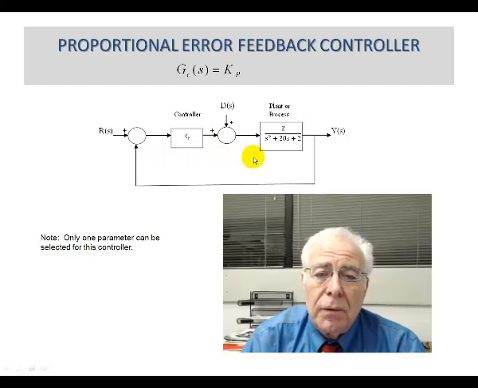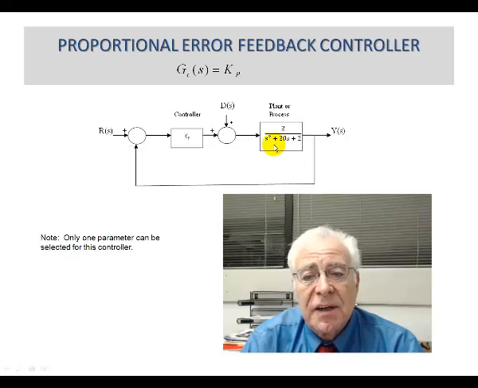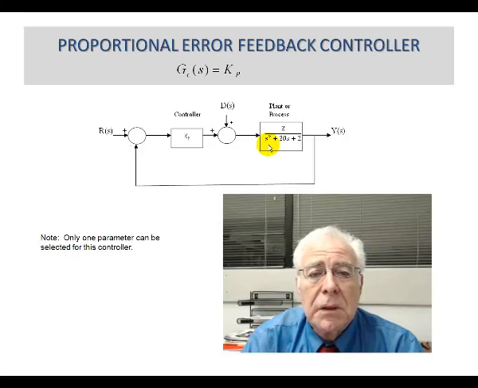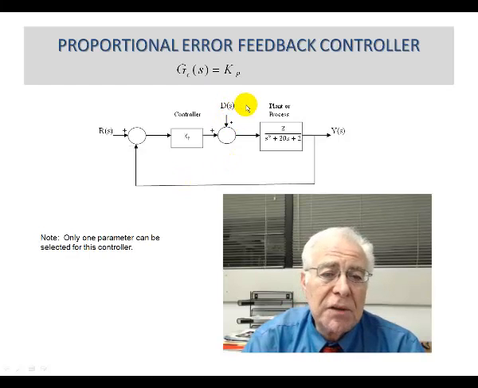We are going to use an example for the plant or process of a second order system, and we are feeding back the output in a unity feedback configuration with no noise, but we still have some disturbance possibly.